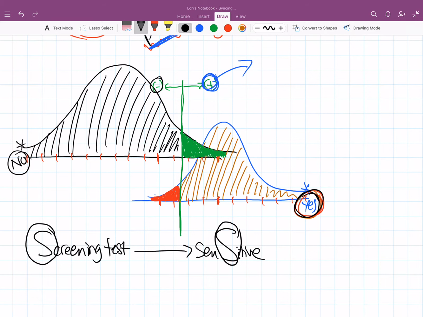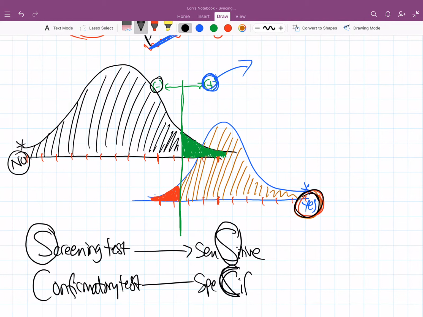The confirmatory test, that's the one that can be specific. And so that's the one that we can actually afford to be. So here's the C of confirmatory and the C of specific. So a screening test, by nature, we want to try to pick up on as many of those yeses as possible.